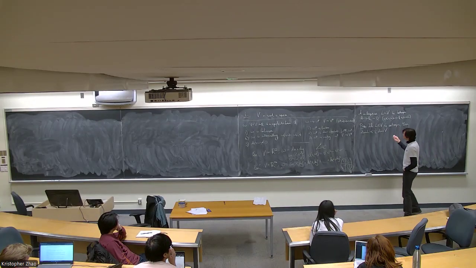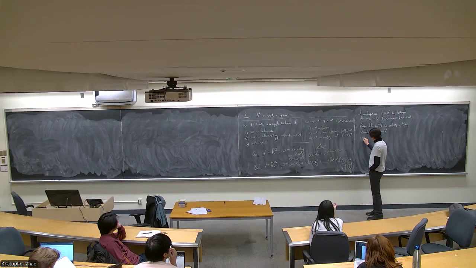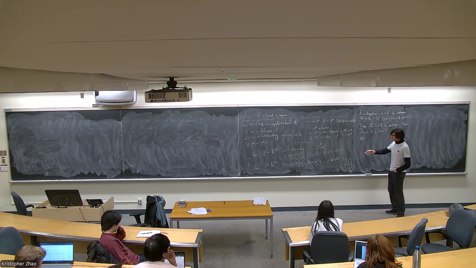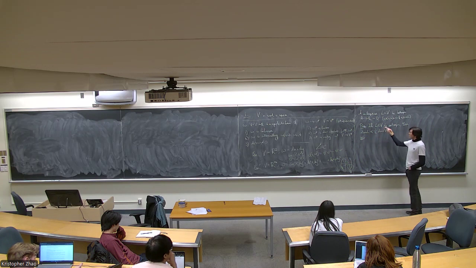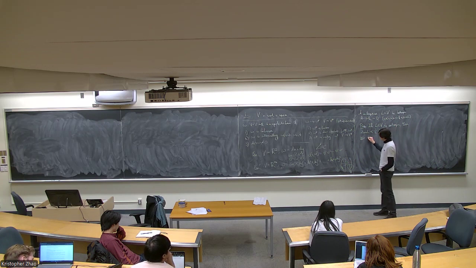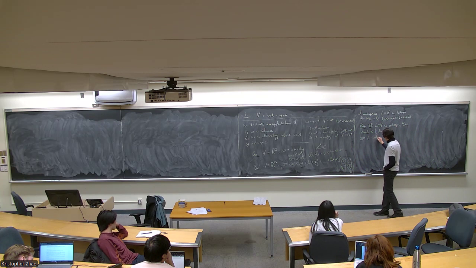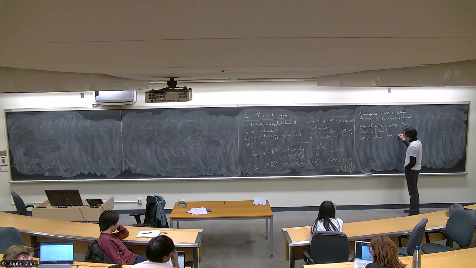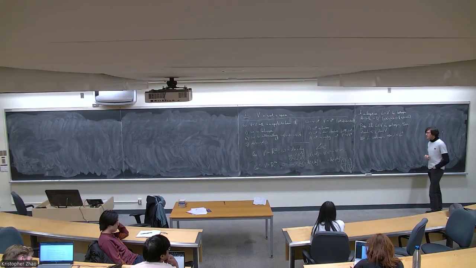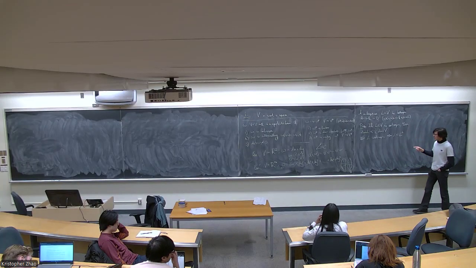Okay, proposition. And how do we prove this proposition? Well, we can just say if L is isotropic, we can notice then L is contained in its own orthogonal complement with respect to omega.